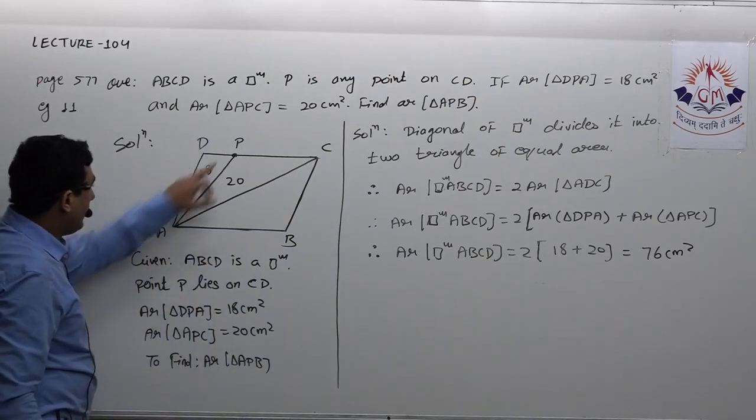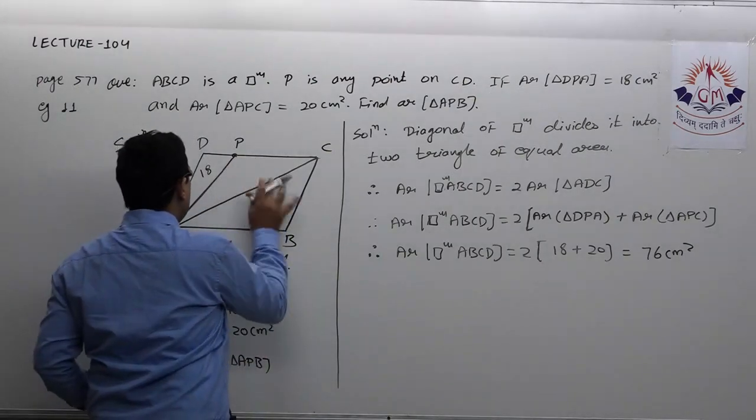Now triangle APB. Okay, now let me join this.